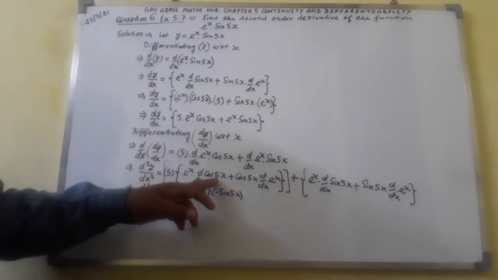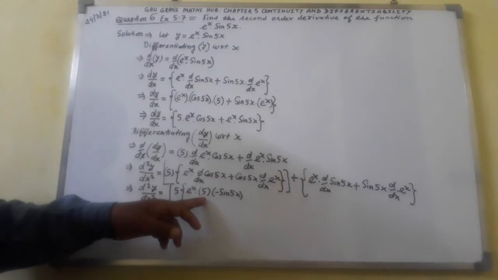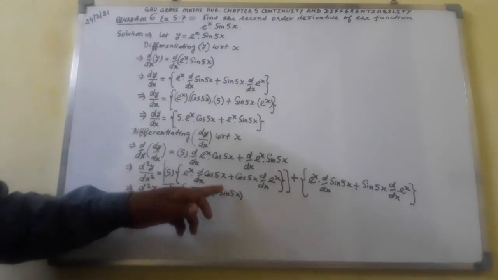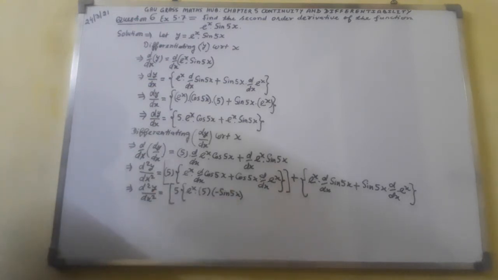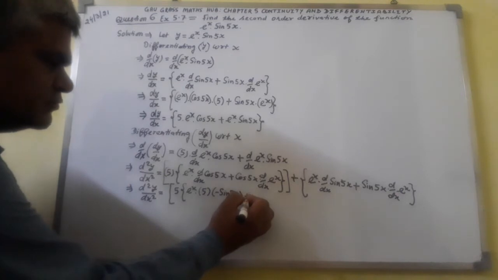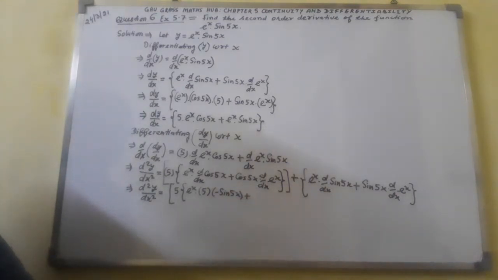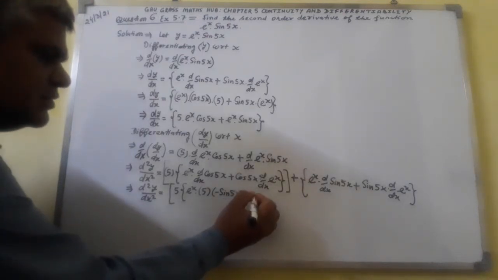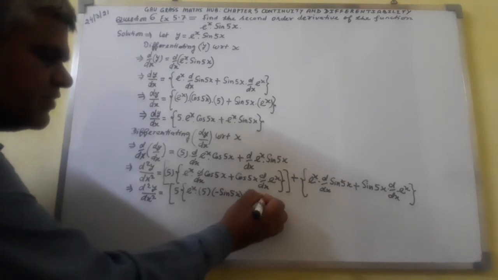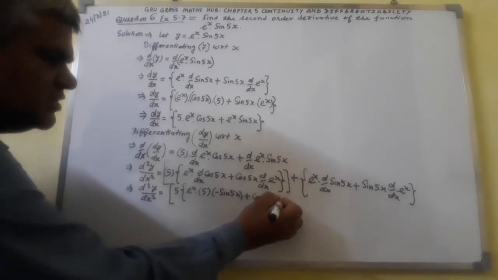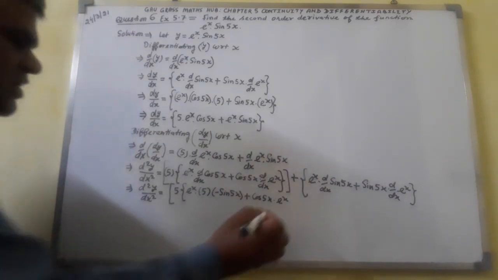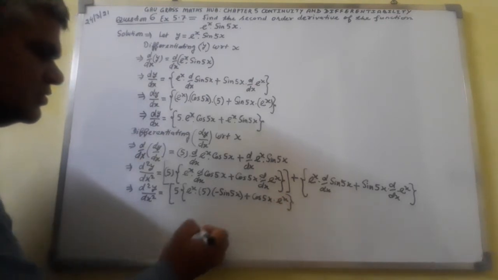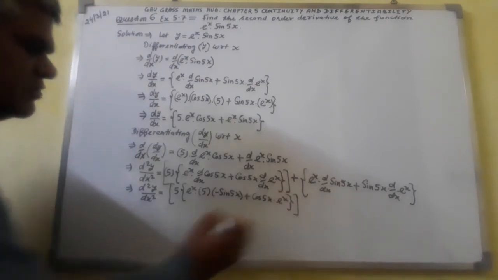This 5 will be popped out and written here, d over dx of cos 5x comes out to be minus 5, minus sin 5x, plus cos 5x dot e raised to the power x, curly bracket close, square bracket close.